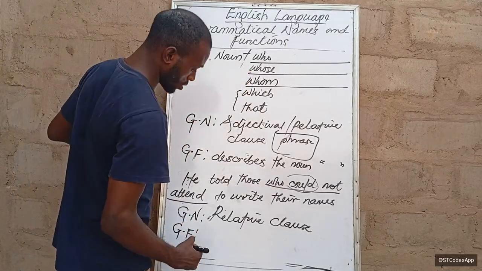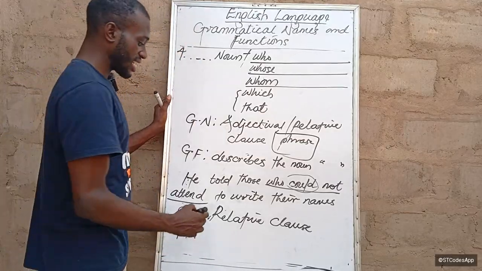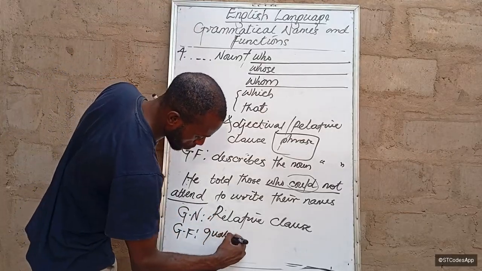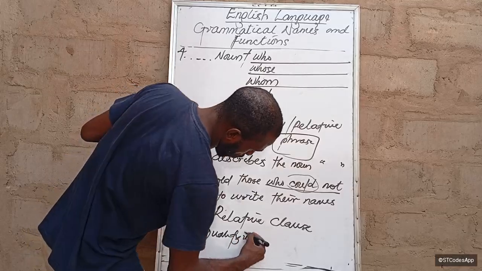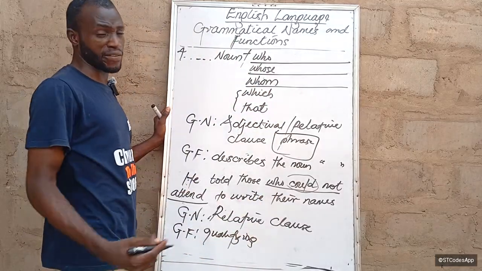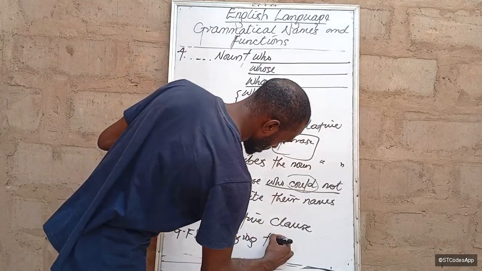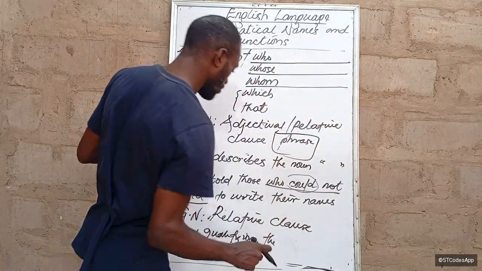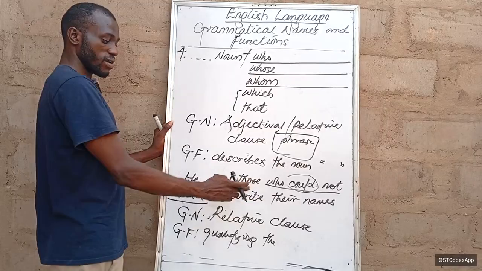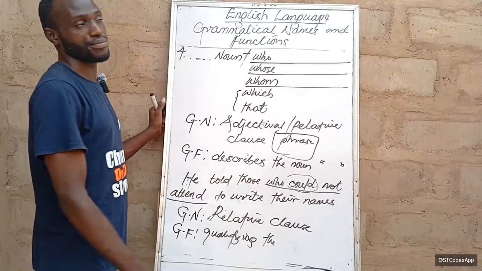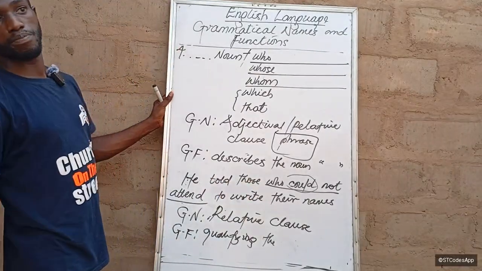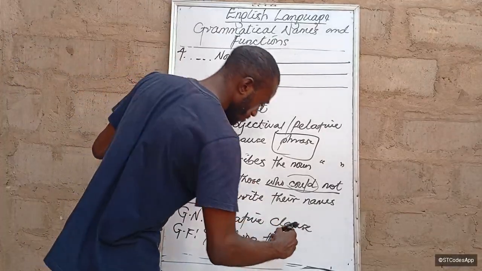Then the grammatical function is that it is describing or qualifying, or it qualifies, whichever you want to write, the noun. Now in this case, it's not qualifying a noun. Those is a pronoun. What kind of pronoun? A demonstrative.